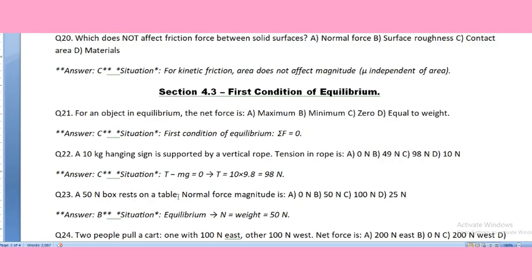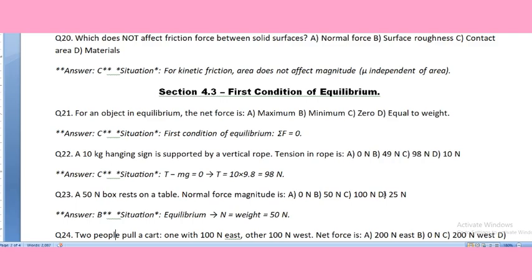The next question, question number 23. If a 50 Newton box rests on the table, the normal force magnitude is: choice A, 0 Newton; choice B, 50 Newton; choice C, 100 Newton; choice D, 25 Newton.